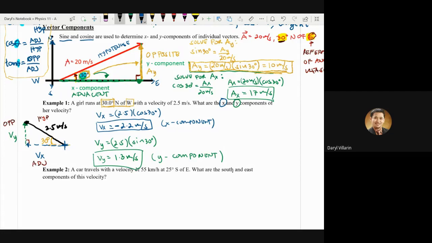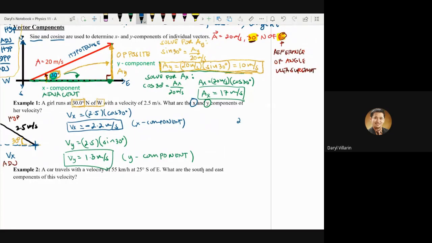Again, vectors. You cannot add, let's say, 2.2 plus 1.3. For example, in this case here, if you have 2.2 meters per second west and you add it with 1.3 meters per second north, it doesn't give you 3.3 meters per second.